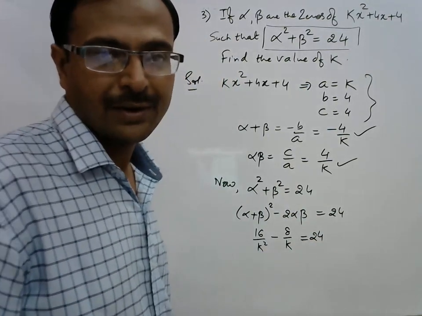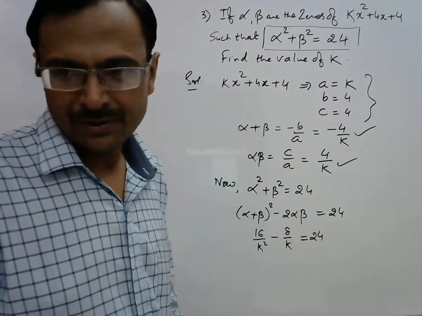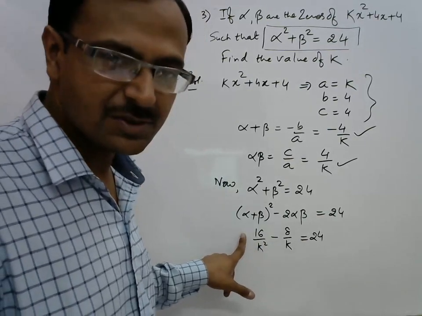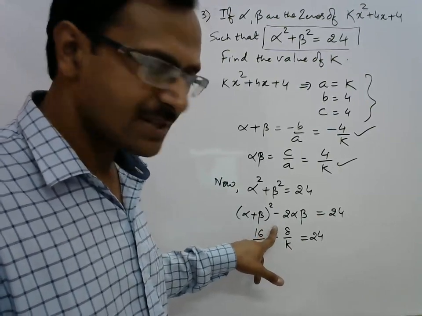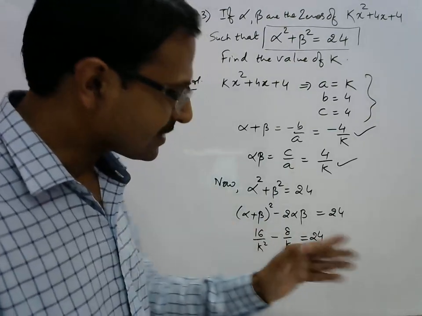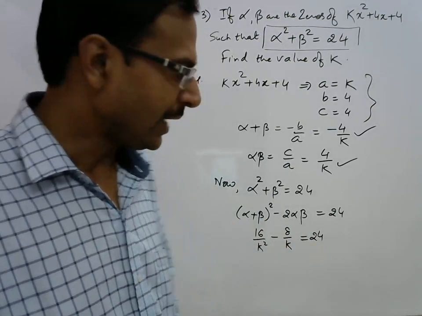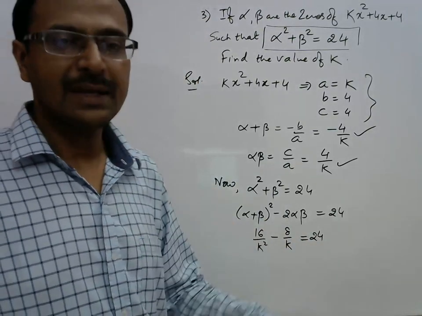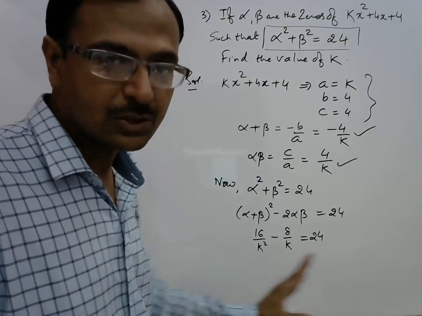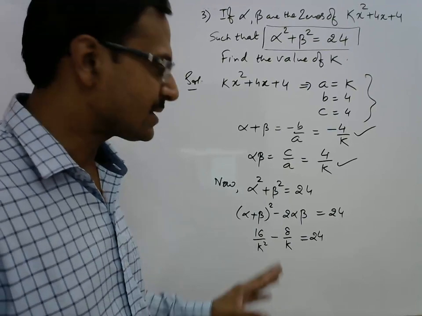If you are aware of cancelling the common factors, you need to cancel out the 8 here. See, 16 is divisible by 8. Obviously, 8 is divisible by 8 and 24 is also divisible by 8. So you can cancel out that 8 throughout and multiply throughout by k square, because for k square and k, the LCM is k square.